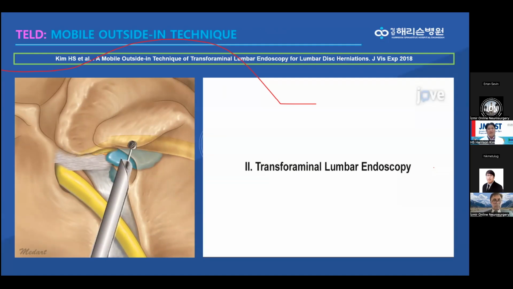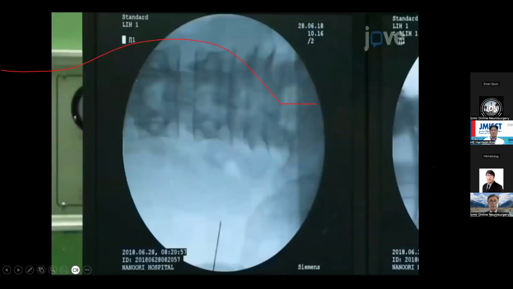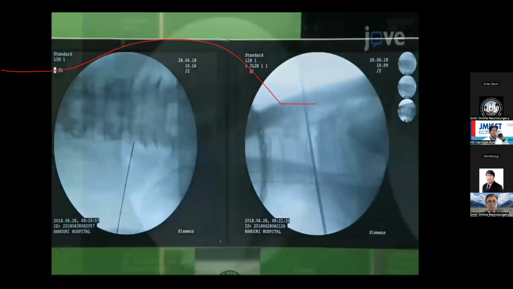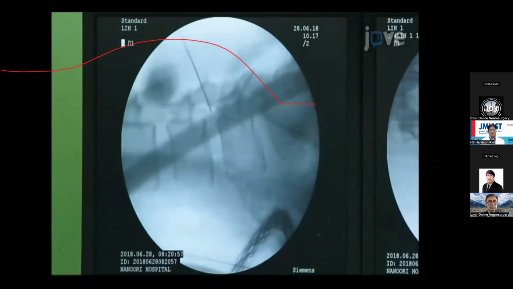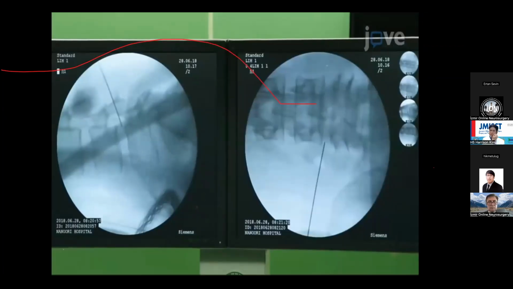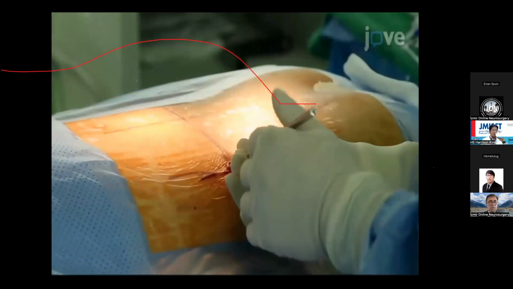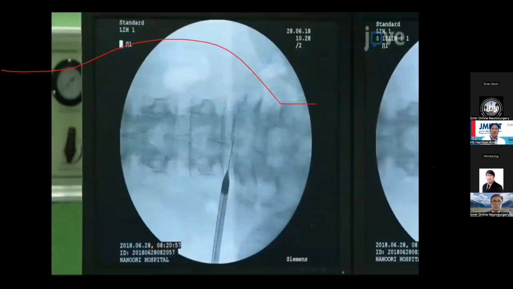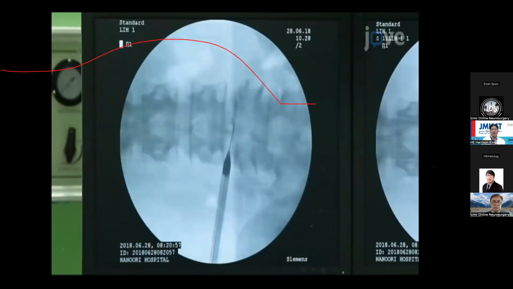Now we see the video in the Journal of Visualized Experiments here. Now push the operator to the deep Kambin's triangle.